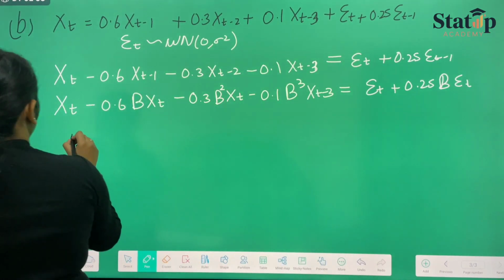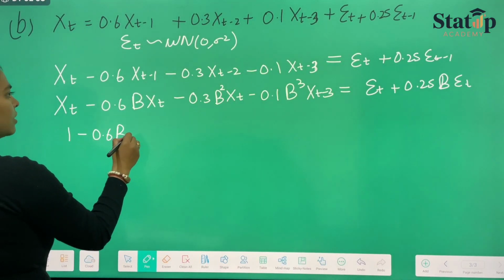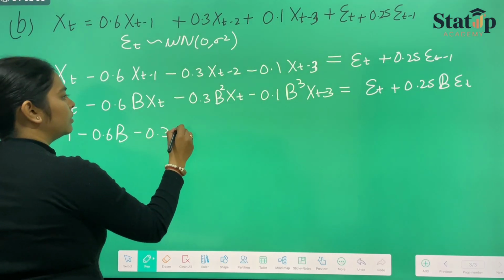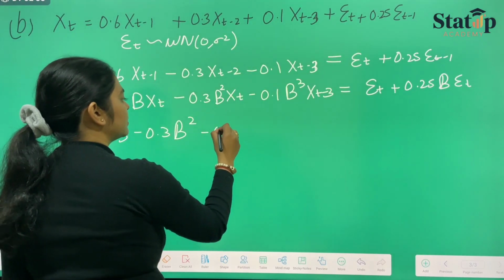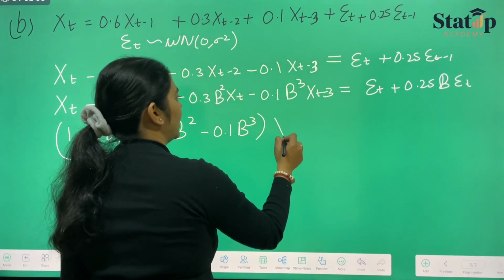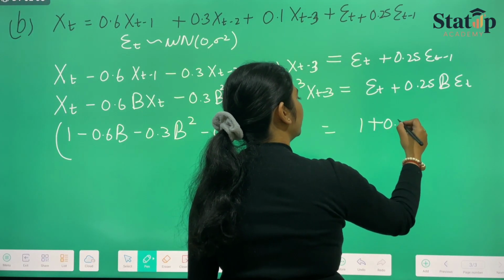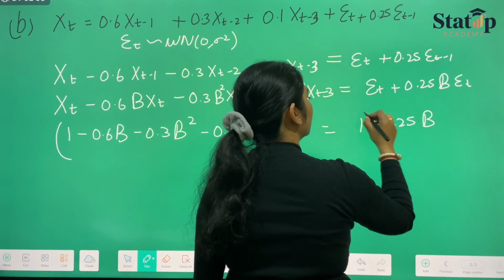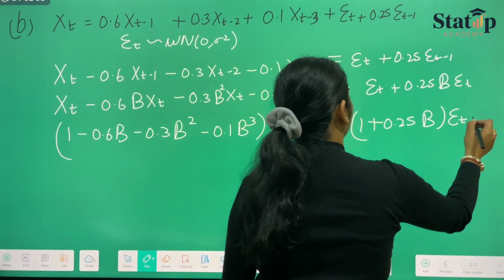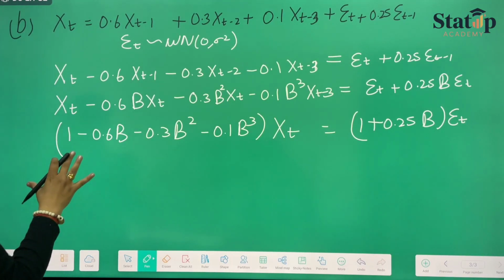Now taking the common terms outside, we get 1 minus 0.6 B minus 0.3 B square minus 0.1 B cube, xt equals 1 plus 0.25 B epsilon t.